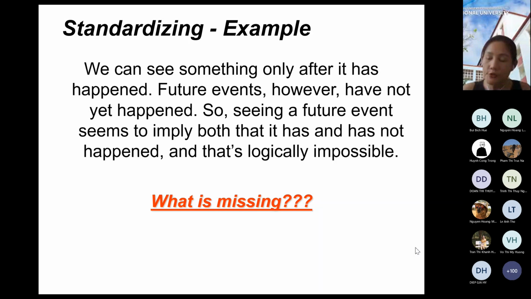Huệ said the main conclusion is missing. How about the others? Do you agree with Huệ? Yeah. So I want Huệ to keep thinking. If you think that the main conclusion is being missed, then think in your mind, or prepare the answer.